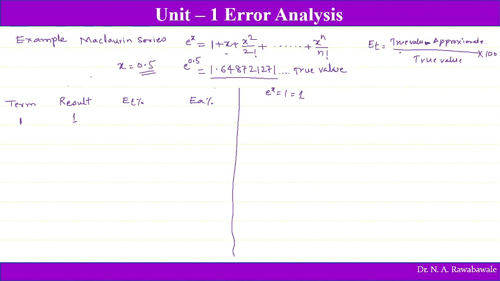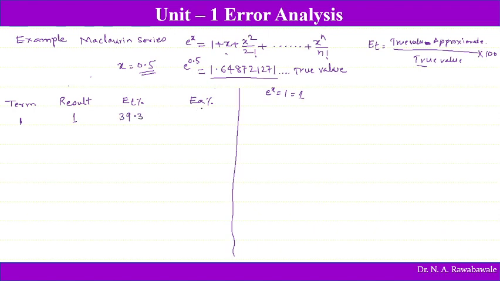So 1.648721271 minus 1 is 0.6487, divided by the true value 1.648721271. The answer which we get is 39.3%.